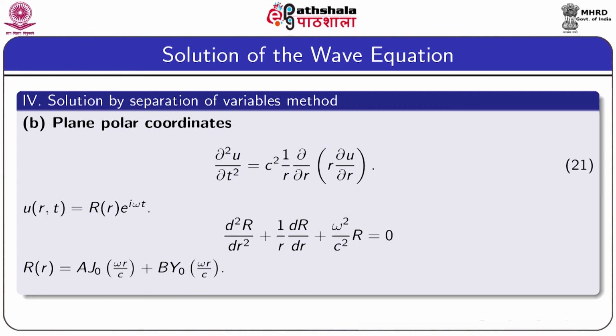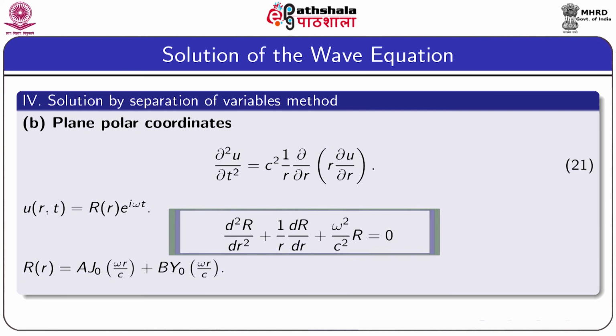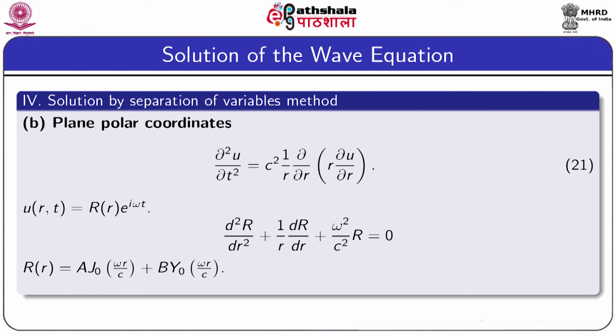Substituting this expression for u in equation 21, we obtain the equation for capital R as d2R/dr squared plus 1 by r dR/dr plus omega square by c square R equals 0. You can notice that this is the famous Bessel equation, and the solution of this equation is a linear combination of two Bessel functions of order 0.